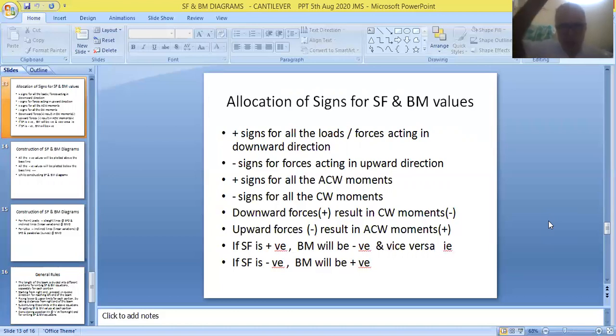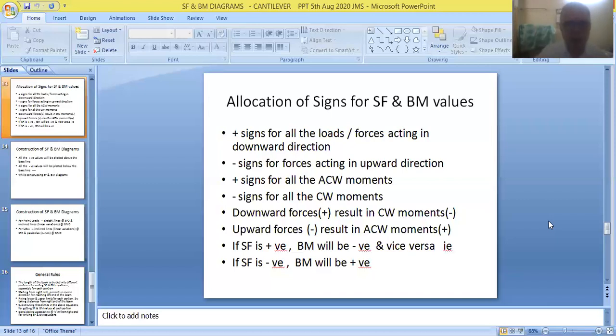If a force is acting in downward direction, the beam will have a tendency to move in clockwise direction. And if a force is acting in upward direction, generally the beam will have a tendency to move in anti-clockwise direction. So friends, downward forces will be resulting in clockwise moments, and upward forces will be resulting in anti-clockwise moments.